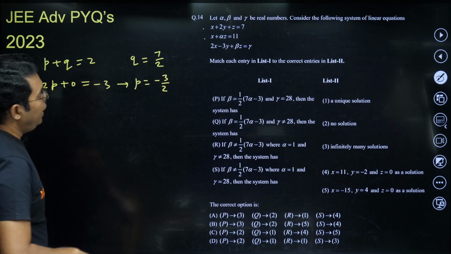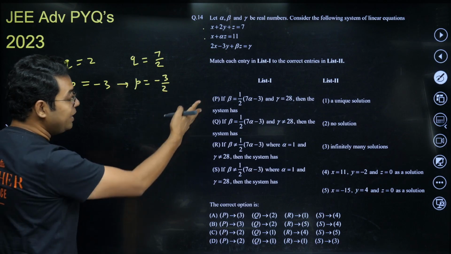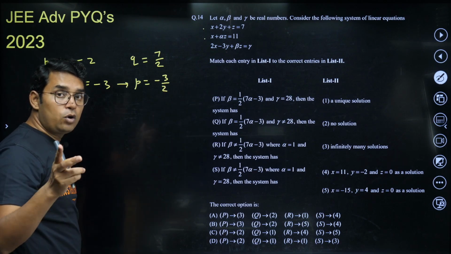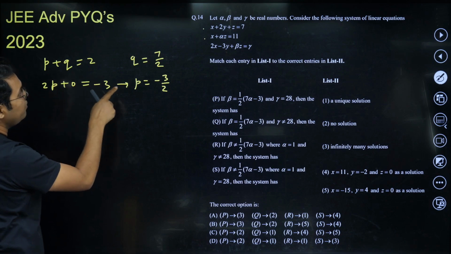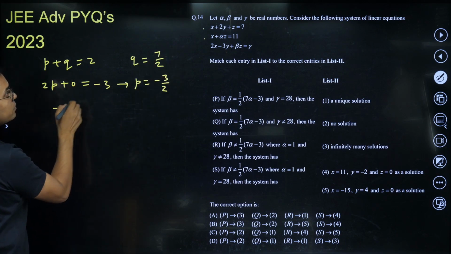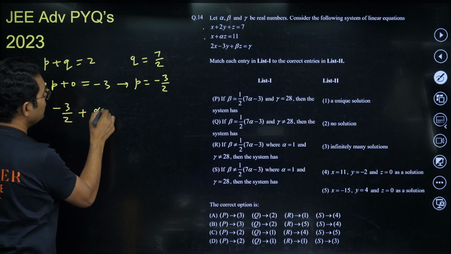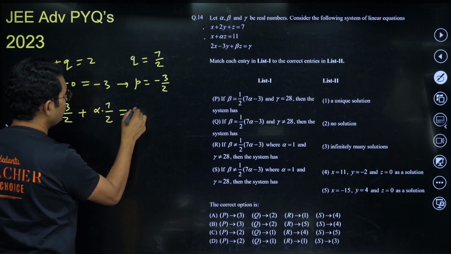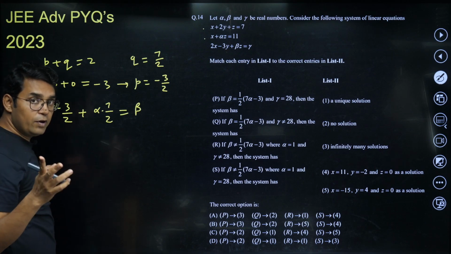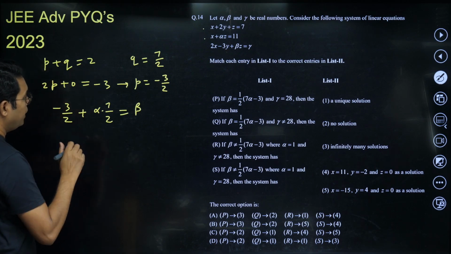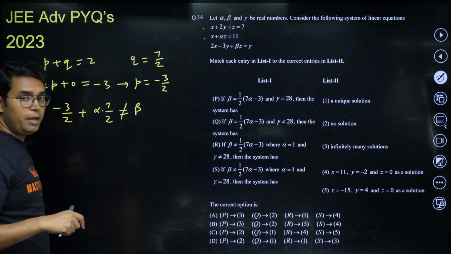Okay, and this should be valid for Z if you want infinite or no solution. So it will be how much? P multiplied with this 1, so minus 3 by 2 plus alpha into 7 by 2 is equal to beta. If this relation is true, then there will be either infinite or no solution. Okay, if it is not equal to this thing, there will be no solution.